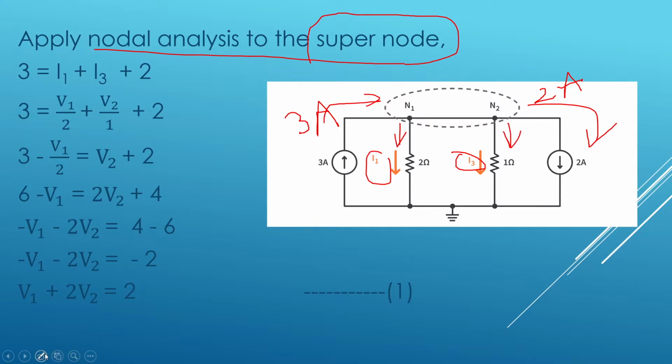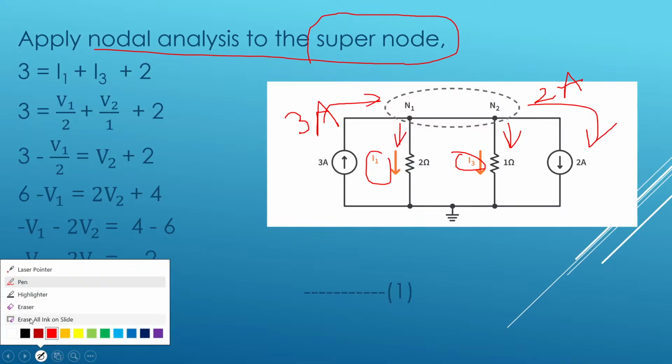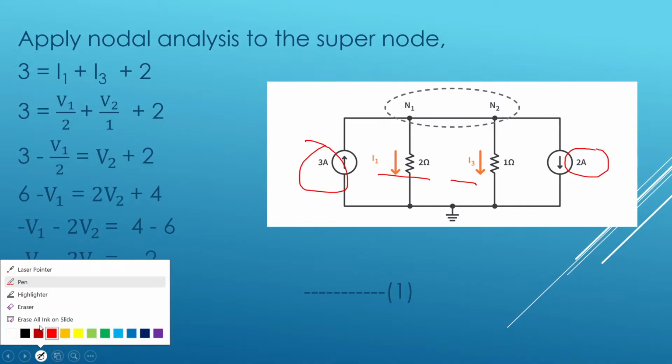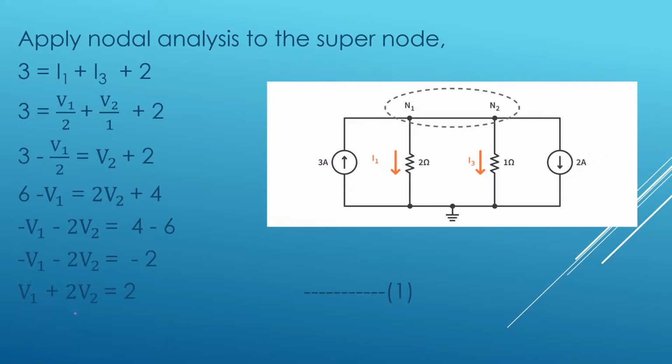If we observe carefully, I1, I3 and 2 amperes are leaving currents, and the 3 amperes arrow mark is upward. Just observe the arrow marks here: this is upward, and these three are downward. So 3 amperes is the entering current, and I1, I3 and 2 amperes are leaving currents.